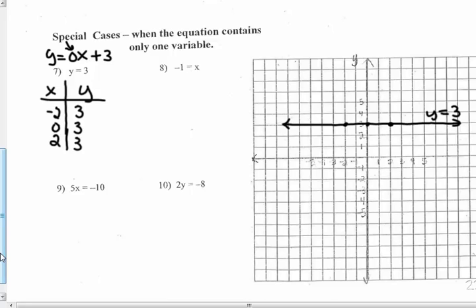X equals -1. Well, I don't have a choice for x here. I have to put in -1, -1, and -1. Well, what are my y values? Choose 3 y's. Okay, 2, 0, and -2. So -1, 2, -1, 0, and -1, -2.